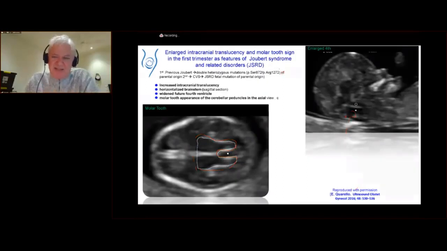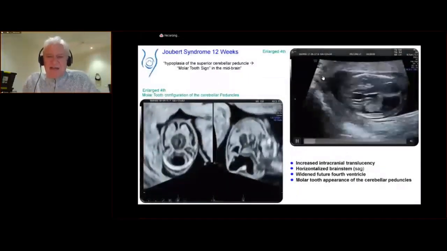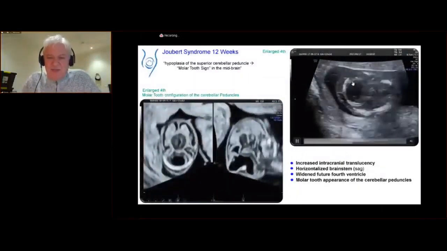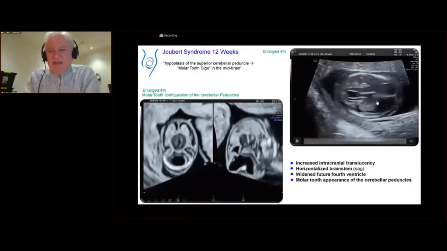But I share with you, in a sense, similarly, a case, a patient at 12 weeks and 2 days with a grossly dilated fourth ventricle. And when you come down to looking at the midbrain, which has the molar tooth configuration, you see the very typical appearance. And you can see the roots of the canal almost of the molar tooth and that open space to the aqueduct of Sylvius.